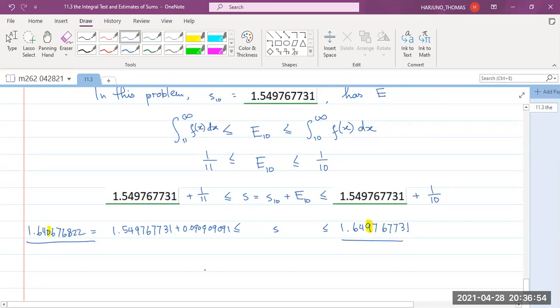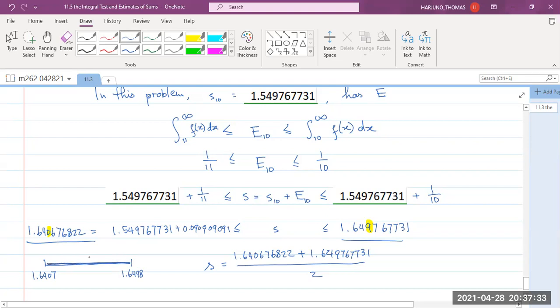Let's call the midpoint of those two numbers. Pictorially, it is between 1.6407 and 1.64998. This is where the infinite sum is supposed to be.